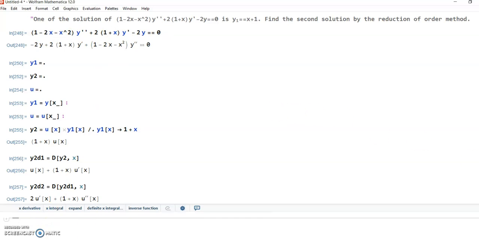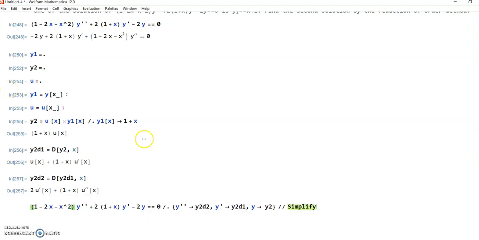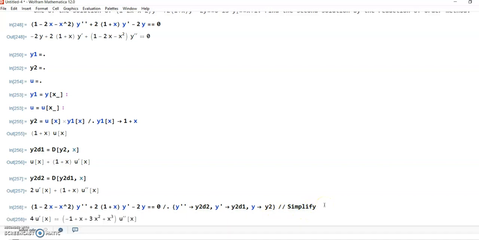So the complete command will be like this. Here what I have done is I have just written down the original equation, and now I am replacing y double prime with y2 d2, y prime with y2 d1, y with y2, and at the same time I am applying the simplify function.